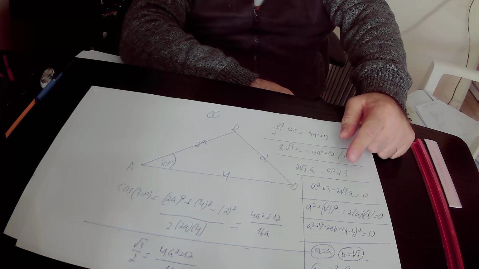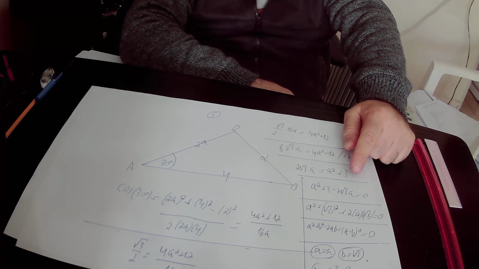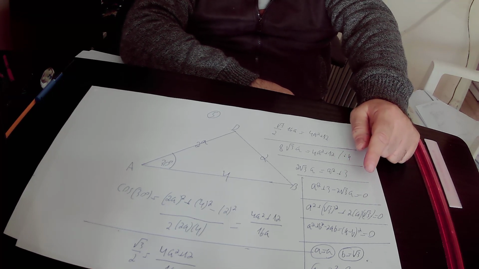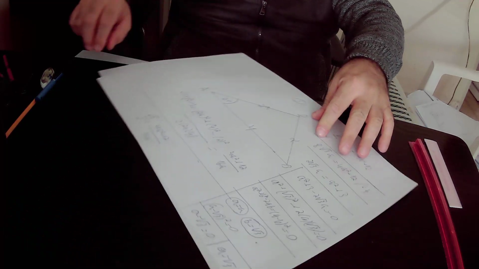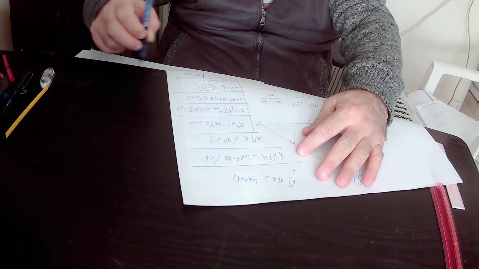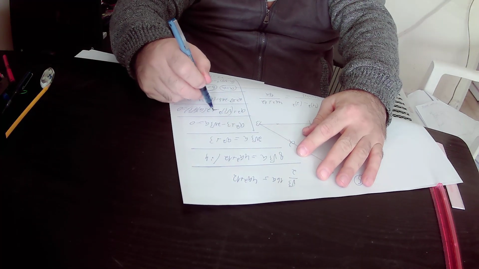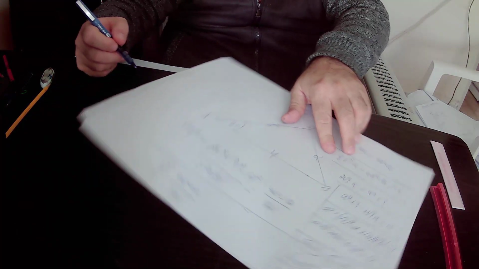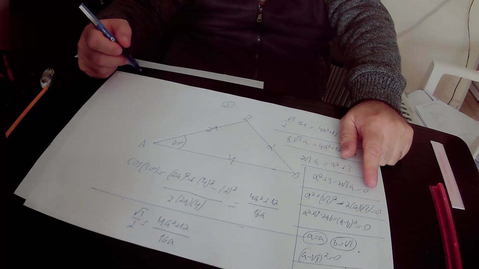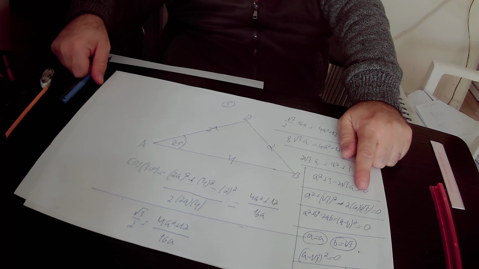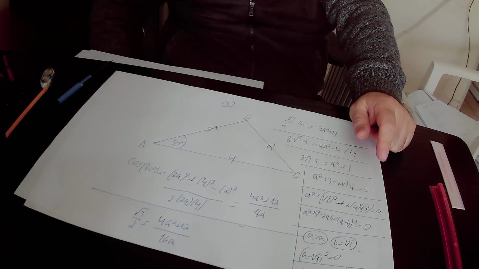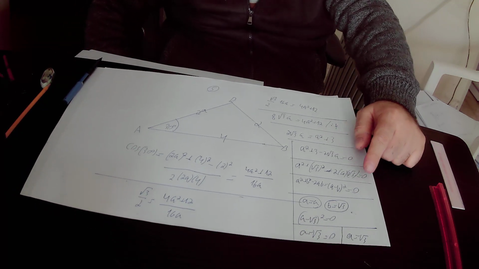Here we substituted 3 by square root of 3 squared, and we got that a squared plus square root of 3 squared minus 2 times a times square root of 3 equals 0. This expression is very similar to the algebraic identity that says that a squared plus b squared minus 2ab equals a minus b squared.